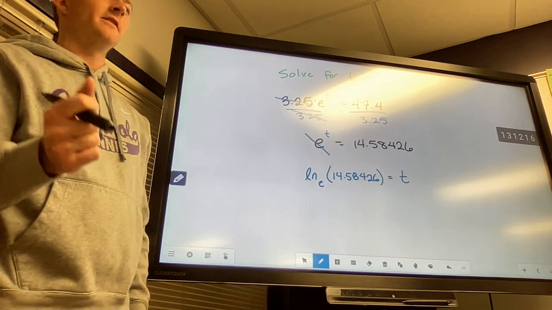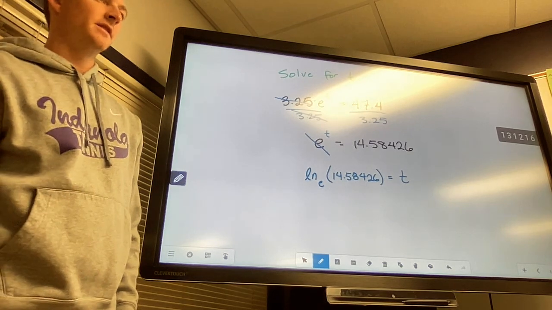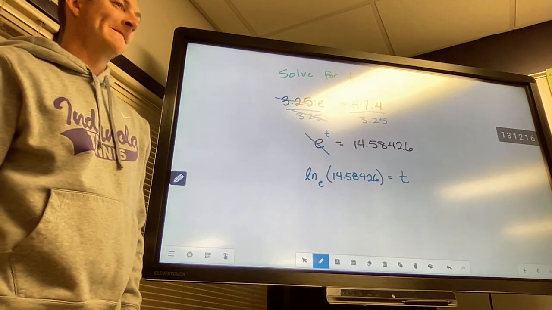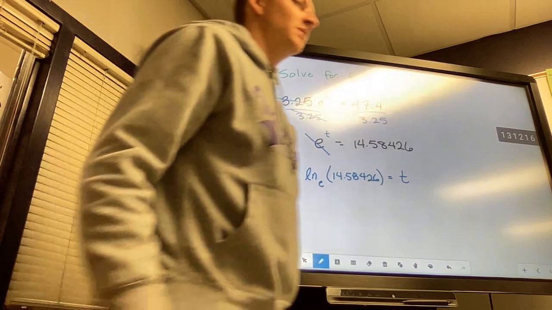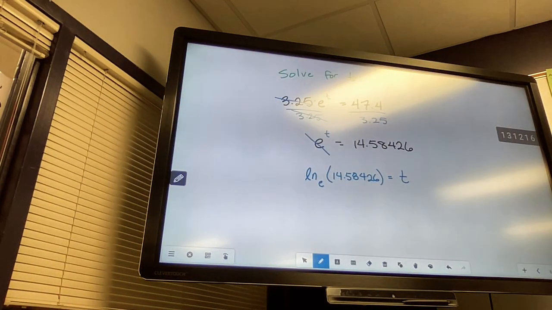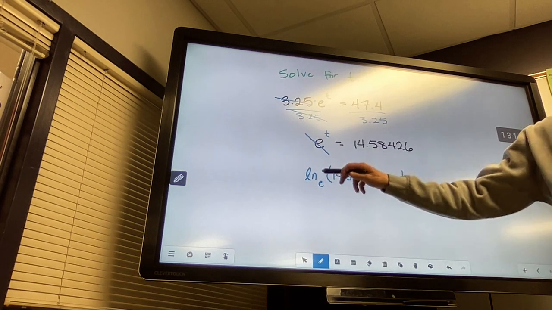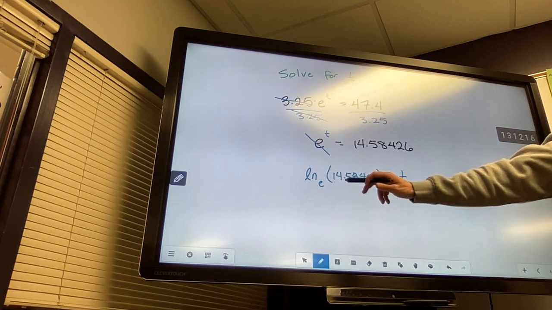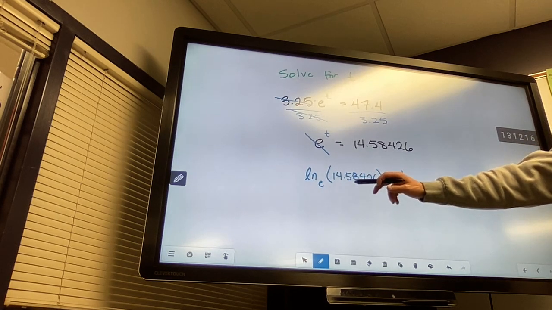So I want everybody to get their calculator out. Let's practice using the natural log on the calculator. There's an LN button, third down on the left side. Hit LN, and then we don't need to do anything for the e because natural log assumes that base of e.